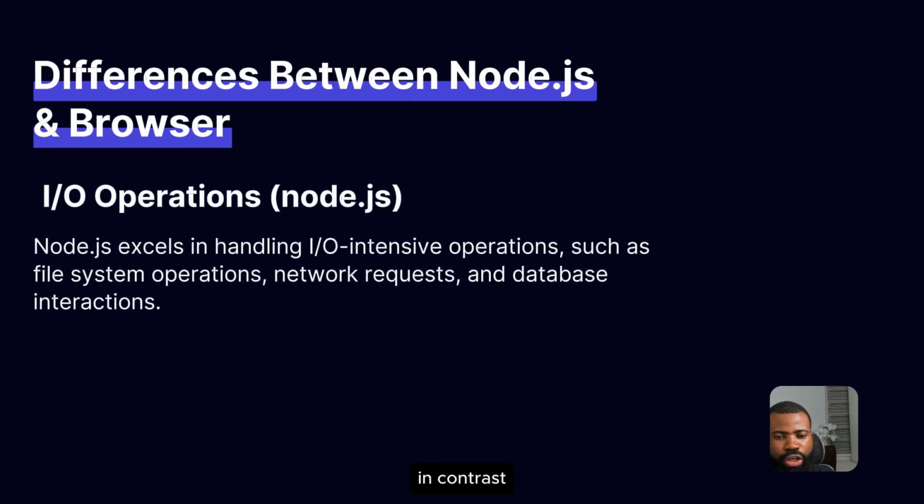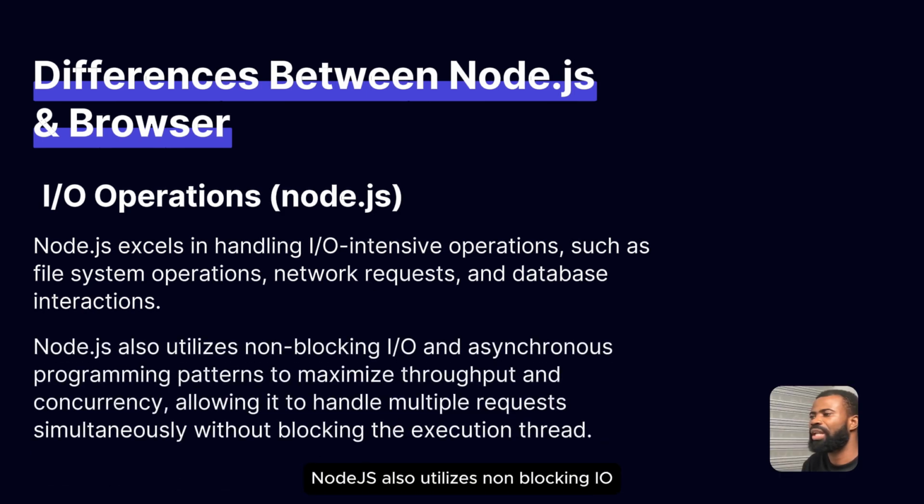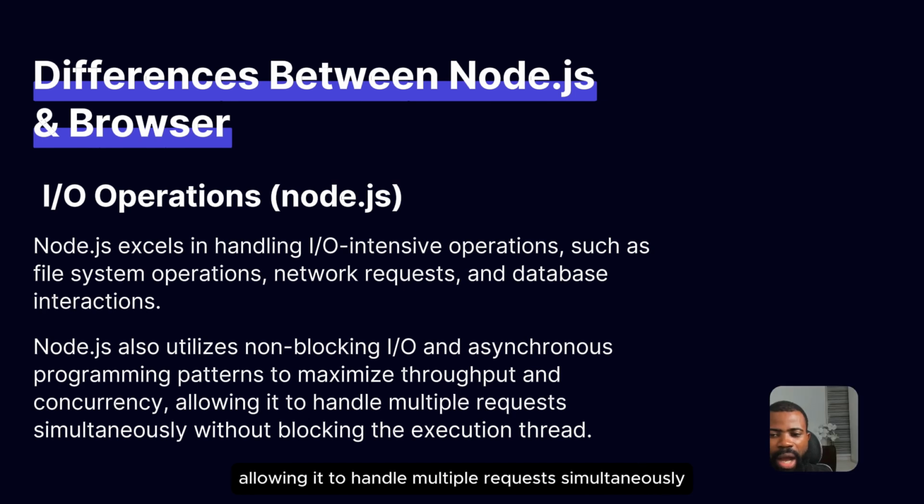In contrast, Node.js excels in handling I/O-intensive operations, such as file system operations, network requests, and database interactions. Node.js also utilizes non-blocking I/O and asynchronous programming patterns to maximize throughput and concurrency, allowing it to handle multiple requests simultaneously without blocking the execution thread.